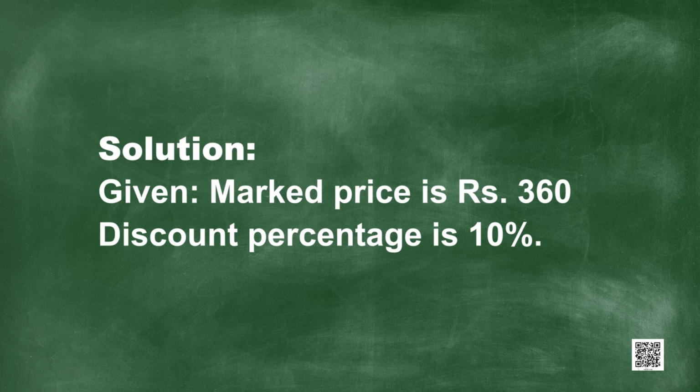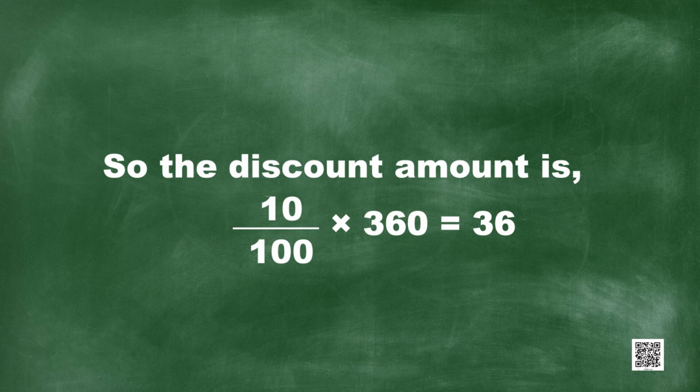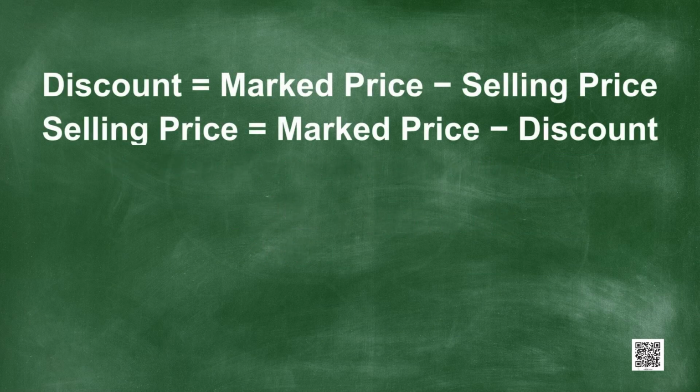Remember that discount is always calculated on marked price. So, the discount amount is 10 by 100 of 360, which is equal to 36. We also know that discount is equal to marked price minus selling price.